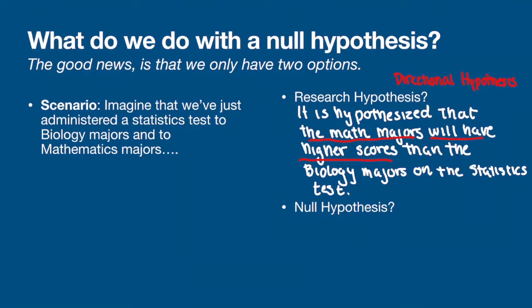Now let's take a look at the one just below it, which is the use of our null hypothesis. Now, our null hypothesis, again, is going to have the phrase no difference or no relationship. So we could use either of those for now. So let's use no difference.